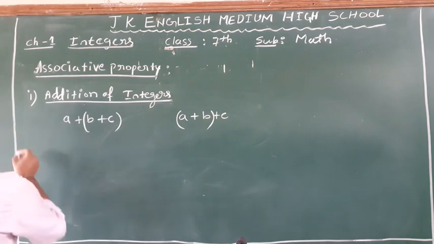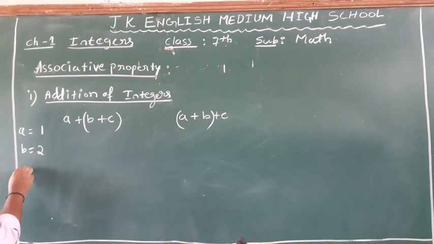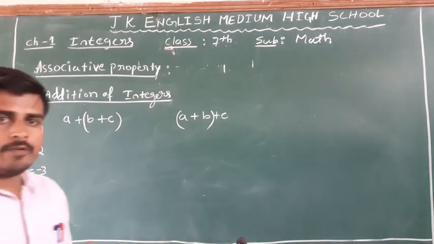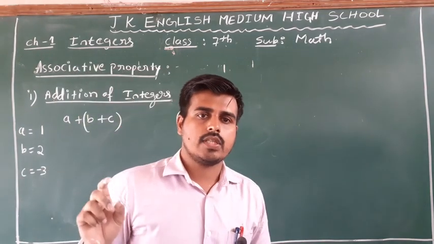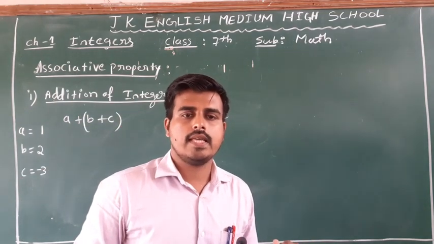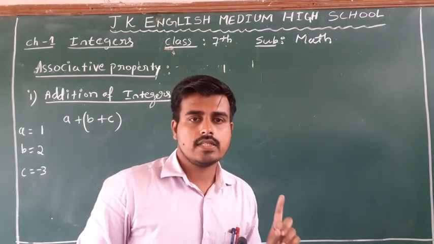Let us choose A equal to 1, B equal to 2, and C equal to -3. If our LHS answer matches with the RHS answer, then we can say addition of integers is associative.